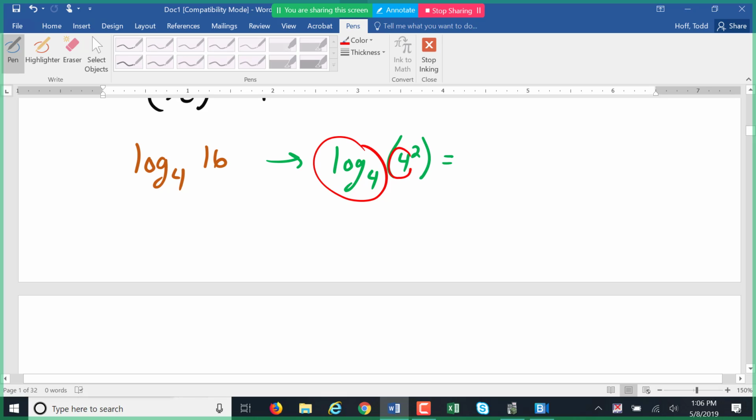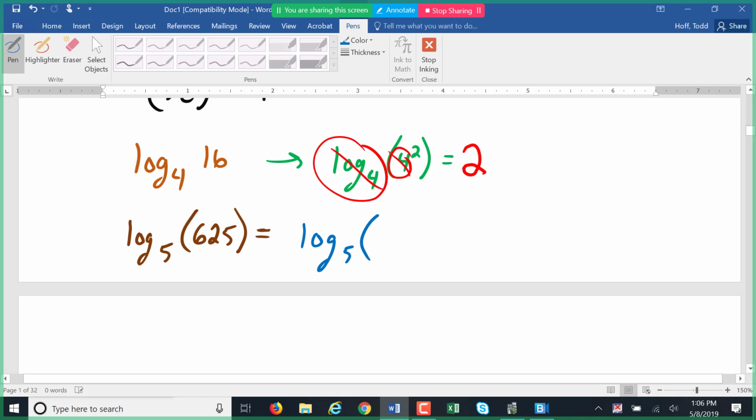The log base 4 and the 4 to the power of cancel out, leaving you with 2. If I have log base 5 of 625, I can write that as log base 5 of 5 to what power is 625?